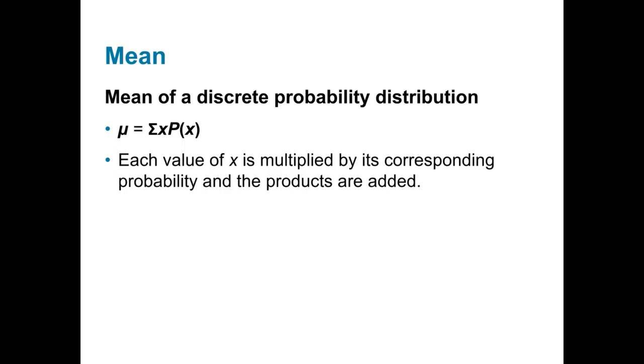What do you think? So what's order of operations tell us? Got to multiply first, right? So we're going to find x times p of x and then add them all up. So you can really think of this as if there's an understood parentheses here, as if this is the sum of x times p of x. All right.